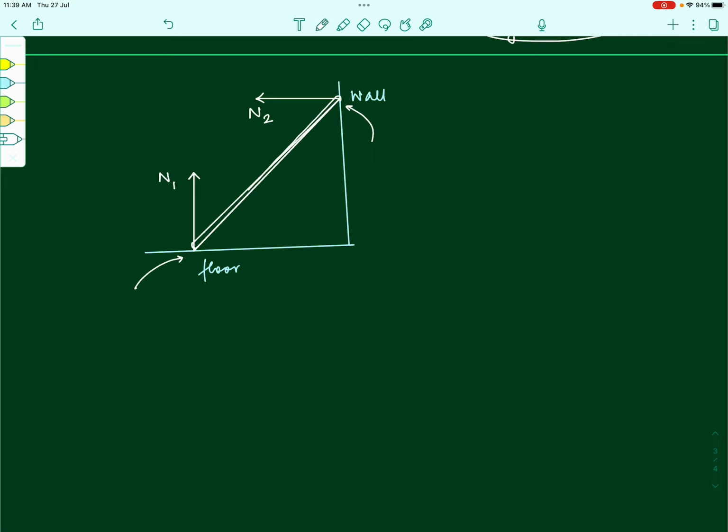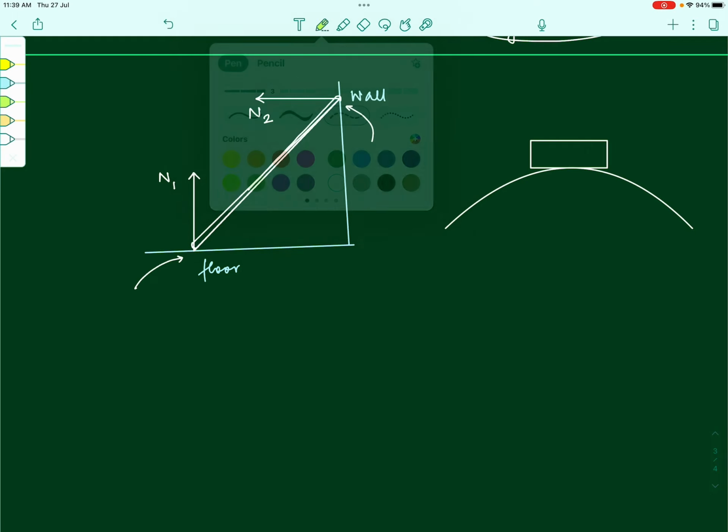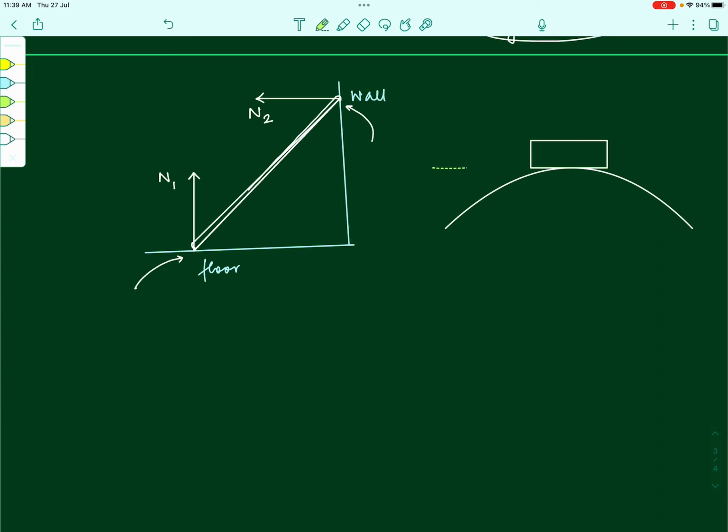Another case could be, what if we try to find out the normal reaction that's coming and acting from a curved surface? Let's say this is a curved surface and there is a body which is kept over this curved surface. Let's say there is this block which is just kept over the curved surface like this, and we want to find out the direction of normal reaction. What we do in such cases is, we first draw a tangent at the point of contact of the surface.